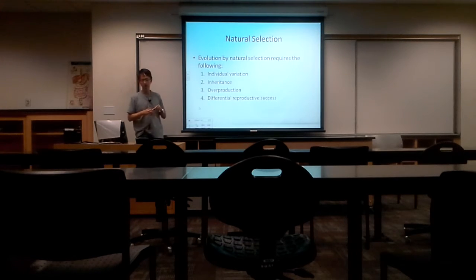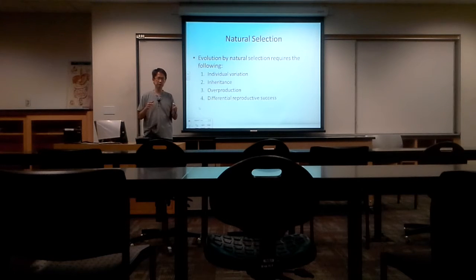Overpopulation. You must have overproduction in a population in order to get natural selection. The reason is that when a population is overproduced, that means you will have more consumers than producers.